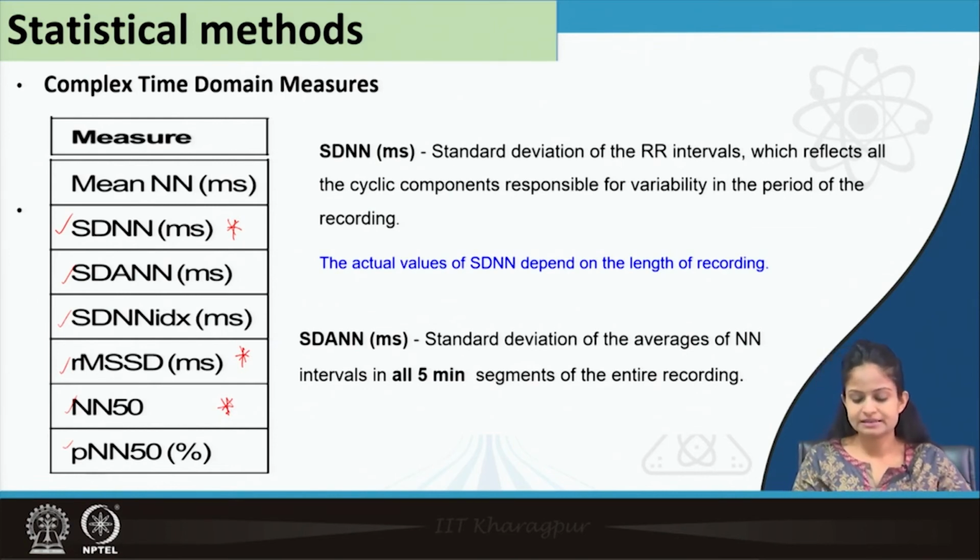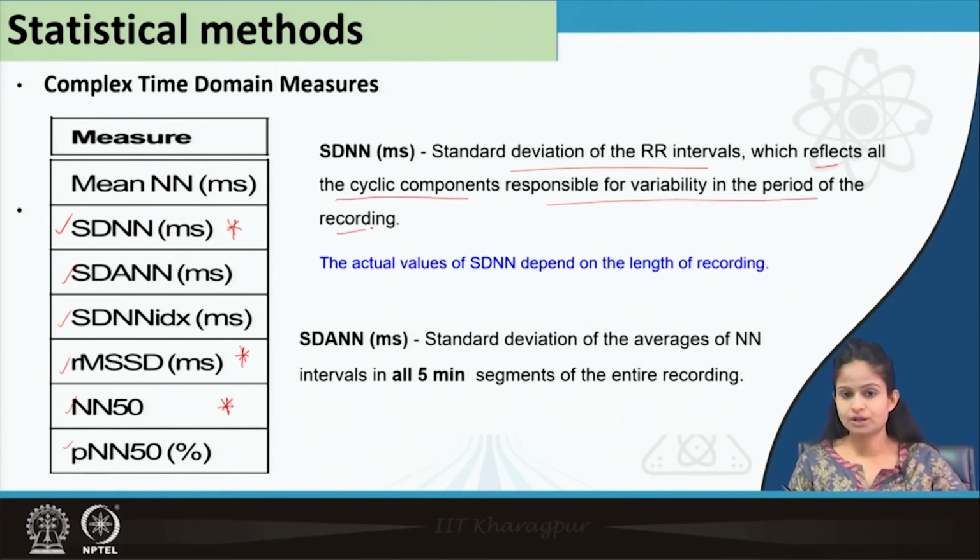SDNN, the standard deviation of the RR intervals, generally reflects the overall autonomic nervous system activity. That means it includes both the sympathetic and parasympathetic domains, the cyclical variations and the hormonal variations. So, it reflects all the cyclic components responsible for the variability in the period of recording.